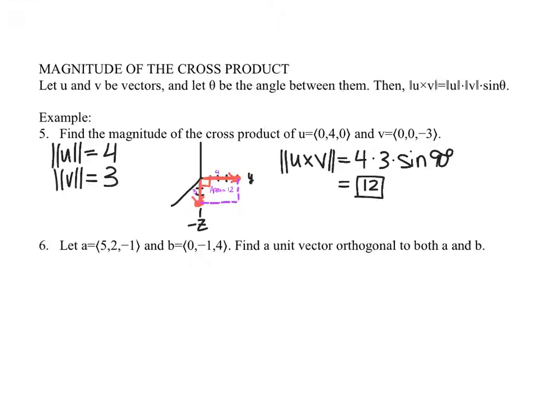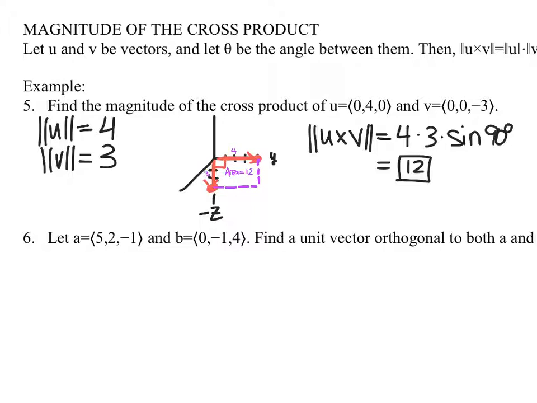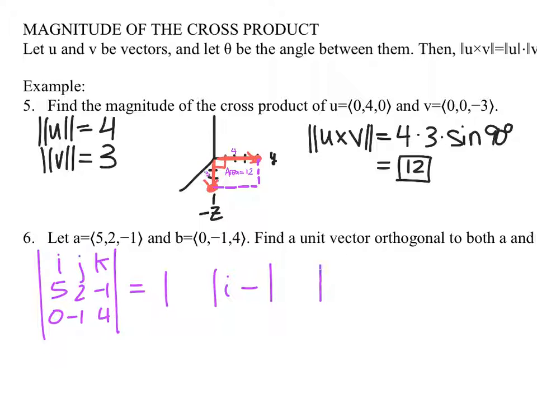And then after that, I've got to use this formula by finding the magnitude of each of these. So at this point, I'd be like, you know what? Let me just do the cross product. So i, j, k, 5, 2, -1, 0, -1, 4. All right, so you're adapting to the situation, is really what it comes down to.